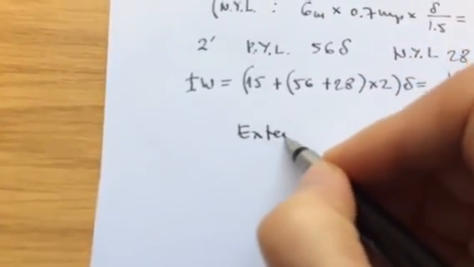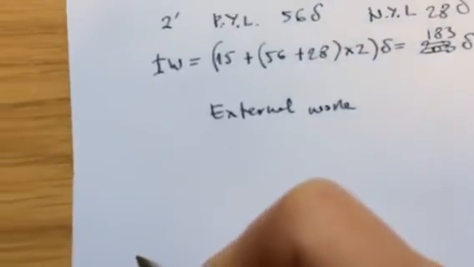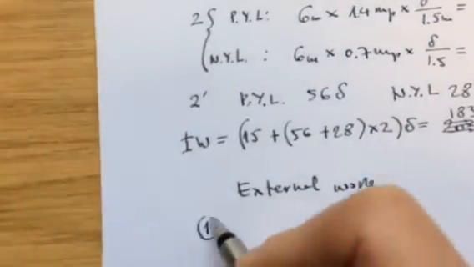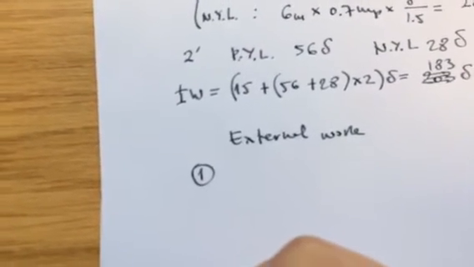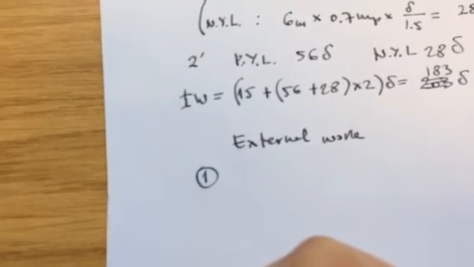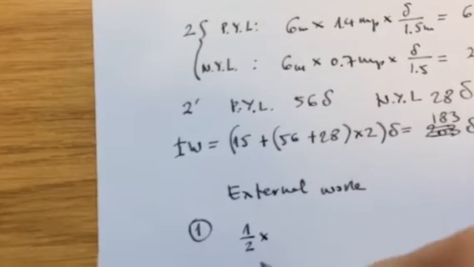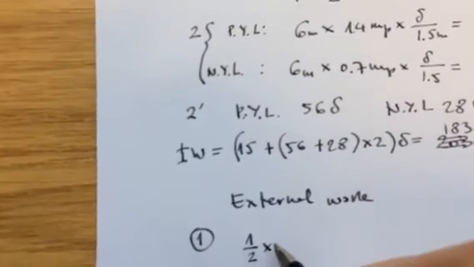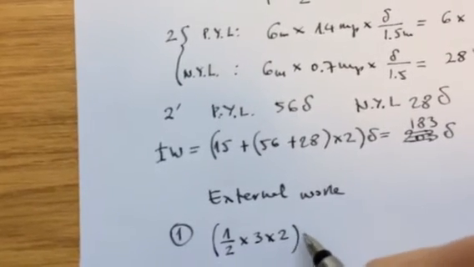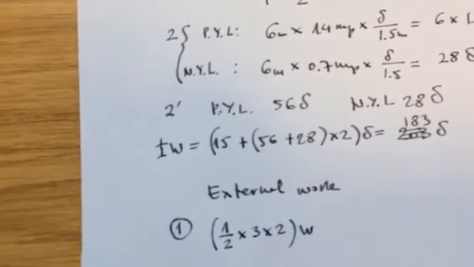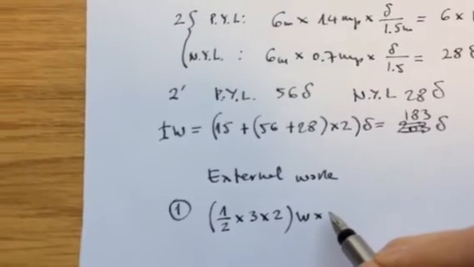Next, we can find the external work. For element 1, by definition, external work is equal to the area of the element, so it's 1/2 times 3 times 2, times the load times the displacement at the centroid.